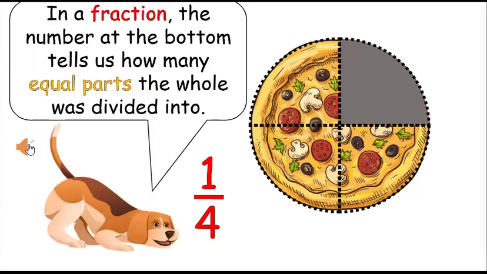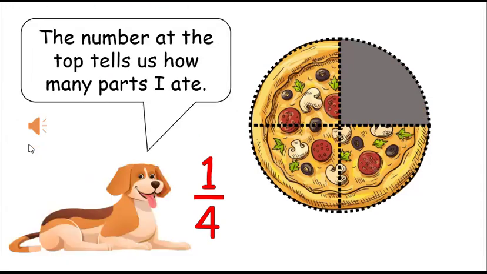In a fraction, the number at the bottom tells us how many equal parts the whole was divided into. The number at the top tells us how many parts I ate.